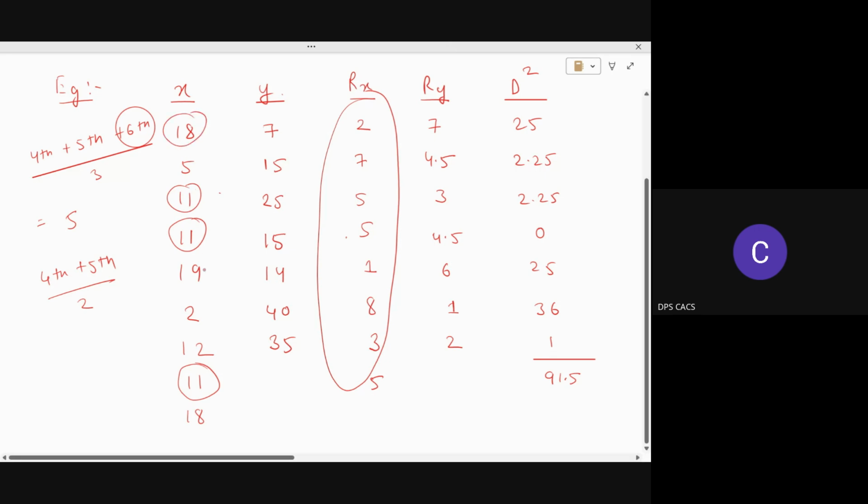For 18, I will do 2 cube minus 2 by 12 separately and will add them. Are you okay with that? Do not say, sir, I will do 5 cube minus 5 by 12. That's wrong. For every tie case, separate calculation. 3 times came, its 3 cube minus 3 by 12; 2 times coming, 2 cube minus 2 by 12. Add all of them, there is a summation in the formula, right?